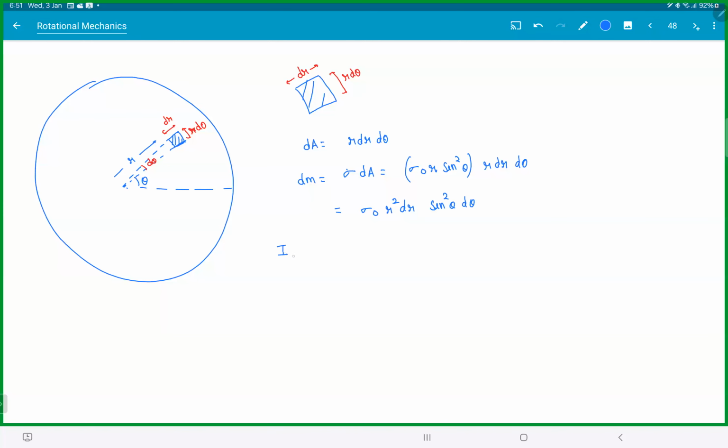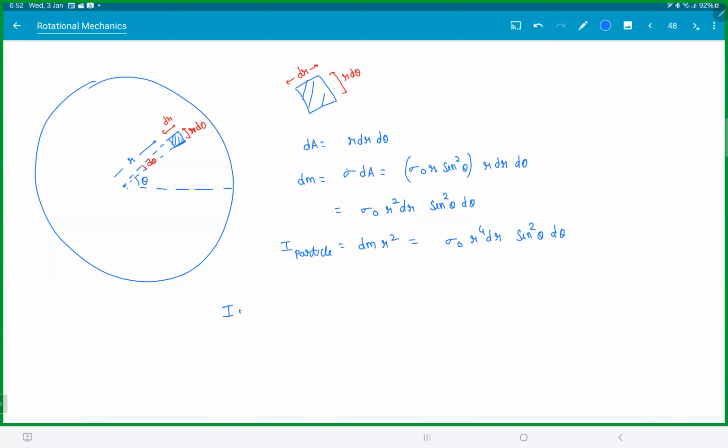So I of this small piece is dm into distance squared, which is r square. r is the perpendicular distance. So dI is sigma naught r power 4 dr sine square theta d theta.